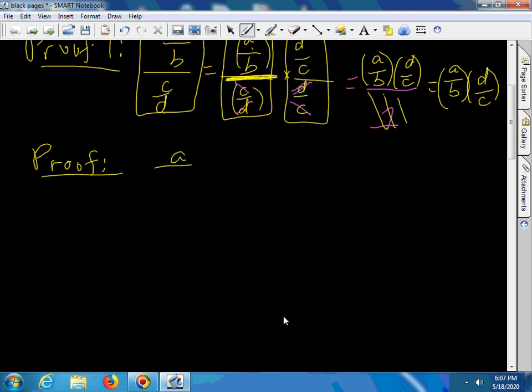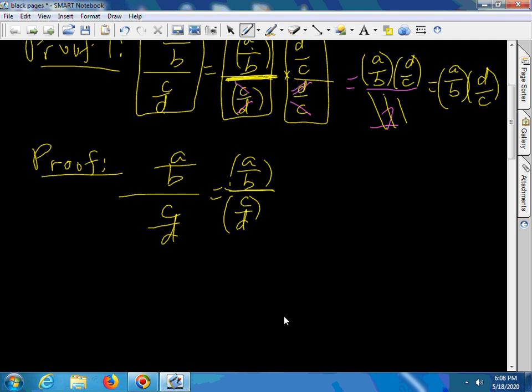You have a divided by b divided by c over d. Again, nobody's going to argue that it equals itself times 1. Maybe I want to get a over 1 and c over 1.